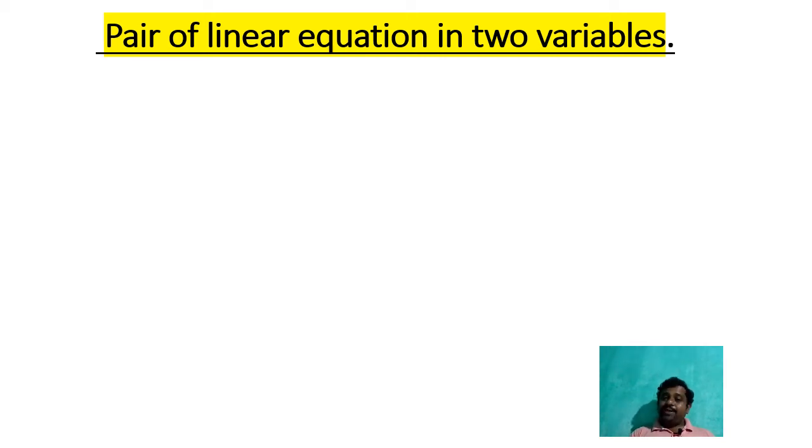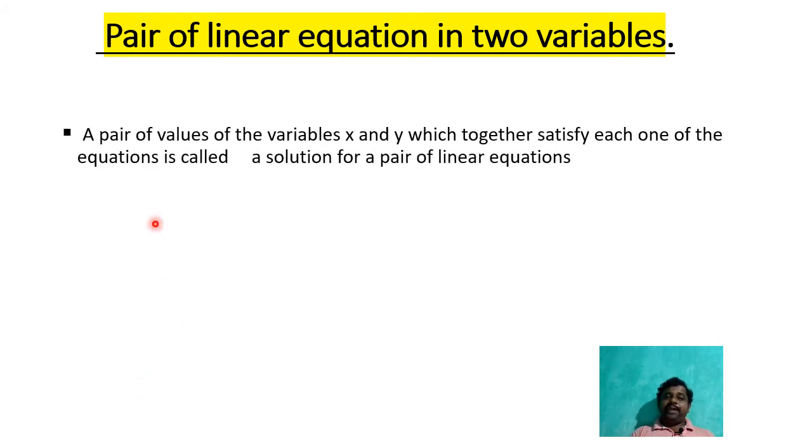Now we discuss a pair of linear equations in two variables. Pair means two. Two things together are known as a pair.